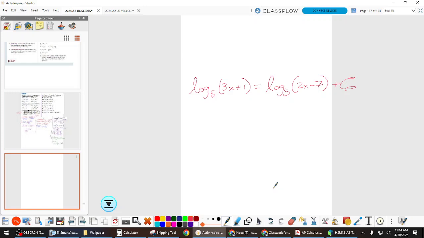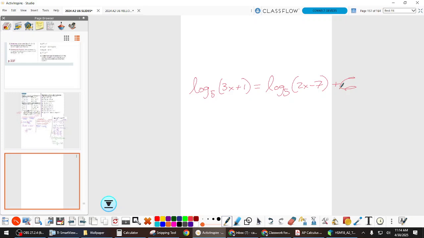Can I do 5 to the and get rid of all of it? No, because that plus sign right there would throw it off. Oh, because that's one. Okay. What do you do? This is why I said students struggle with this kind of thing. Can you combine the log base 5 of 3x plus 1 and 2x minus 7 and plus 6?